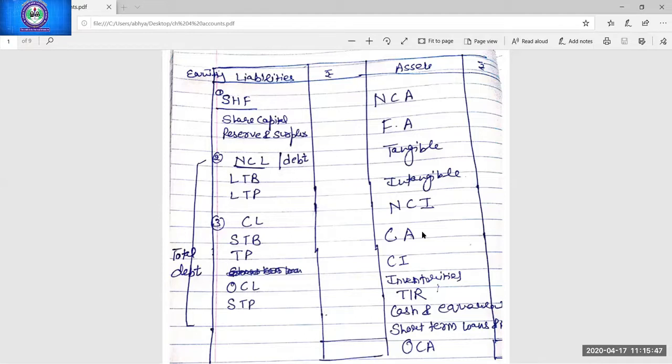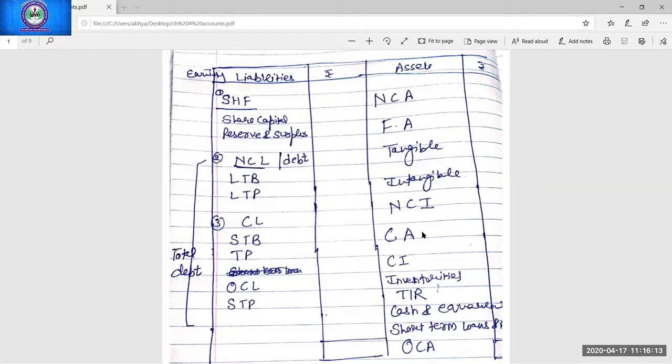Now current liability. In current liability, all four subheads: short-term borrowings, trade payables, other current liabilities, and short-term provisions. Examples you all know, we have already done in chapter 1. One more thing: whenever in the question total debt is given, total debt means non-current liability plus current liability.